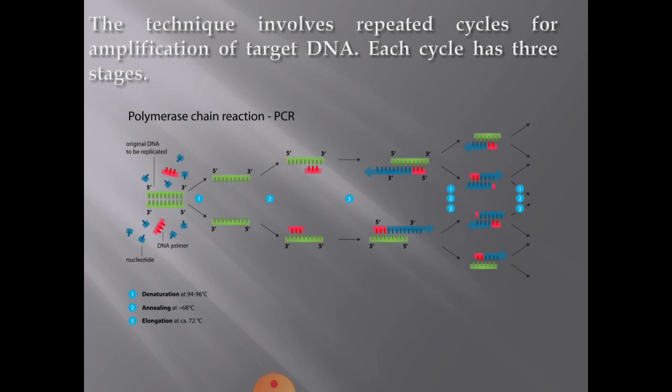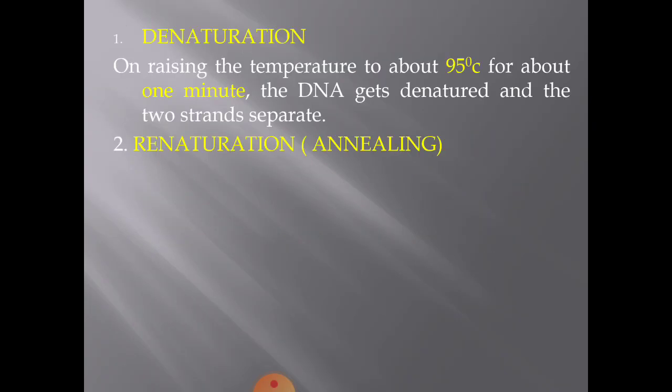These new strands, the blue ones, are called long templates and they will be used in the second cycle. Okay. So this is what exactly happens in PCR. Let us see some more details in the next slides.